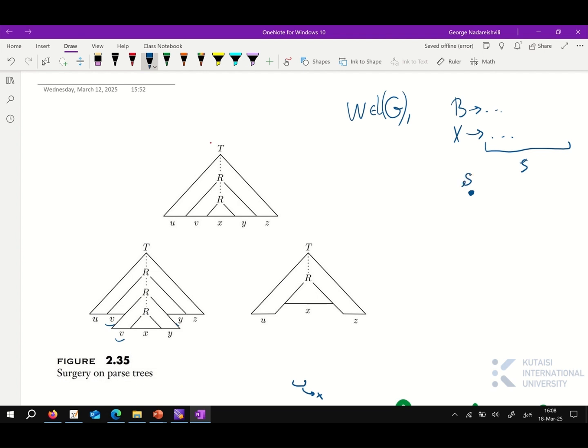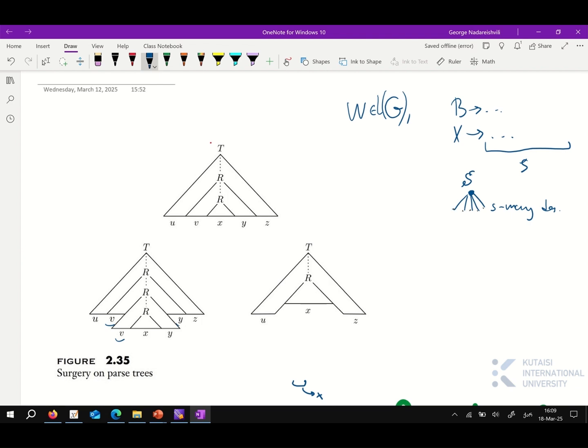At most it can have small s many descendants, because to create a derivation tree I have to use one of the production rules in the first step, and the right-hand side of the longest production is s, so it has at most s children.